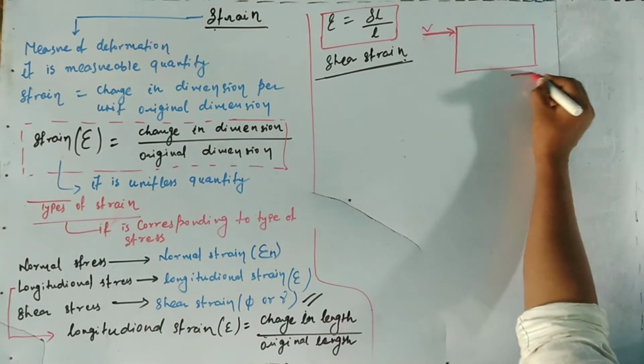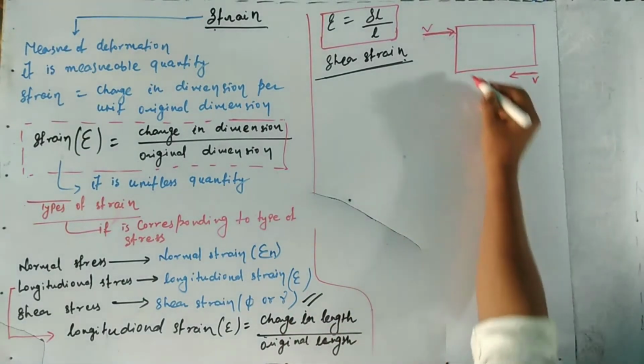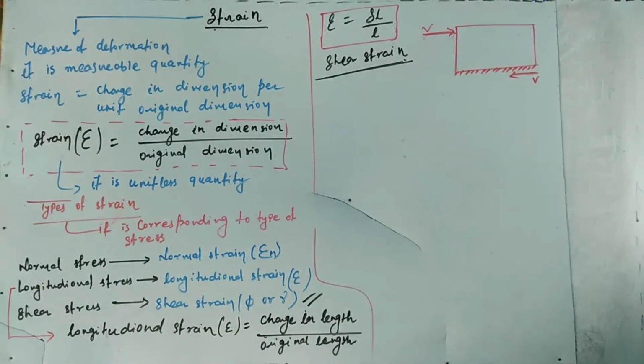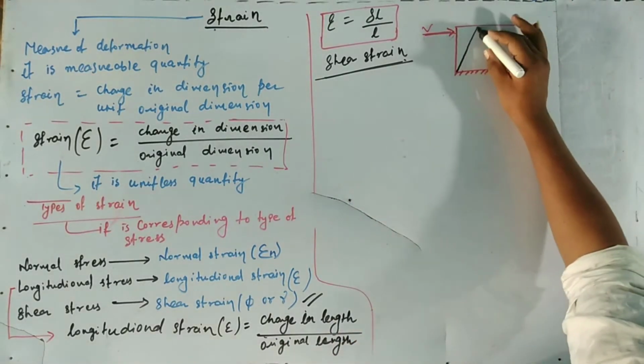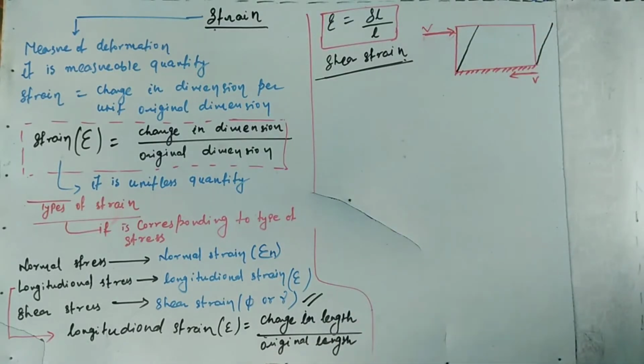One end of the body is fixed, and the body also applies a reaction force. So the deformation will be like this, and this deformation is equal to del L.